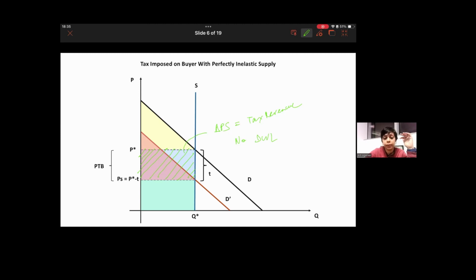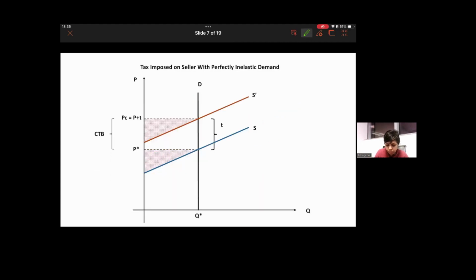Because the supply is inelastic, even after the change of prices, the supplier is still going to keep supplying the same quantity. So all the people who are willing to buy it are still going to buy it, right? So there is no change in consumer surplus, and it's the supplier who is paying the price. So the price for the buyer is remaining the same. This is PC. Oops, sorry.